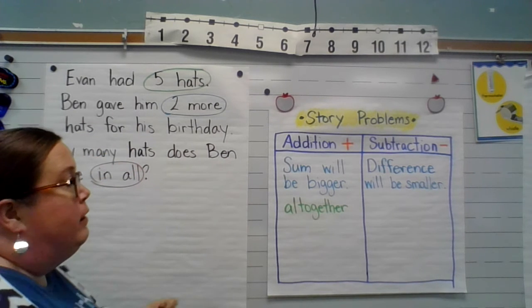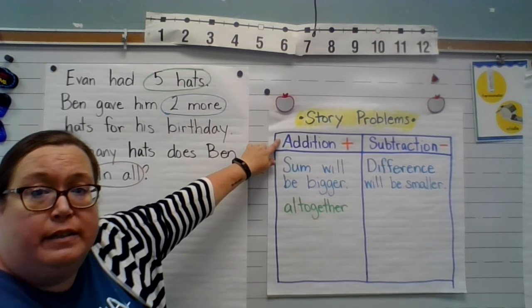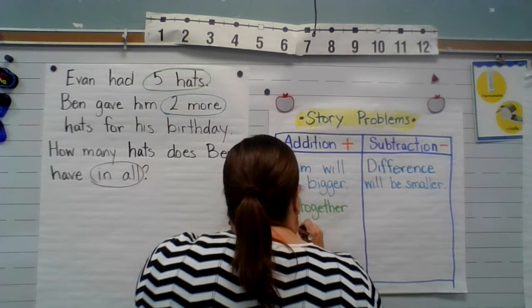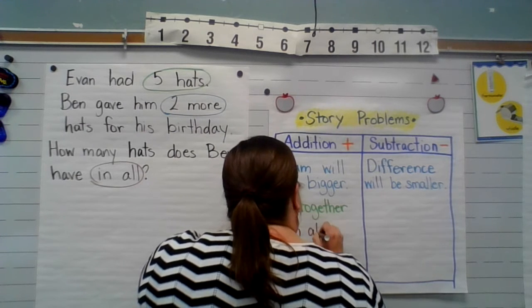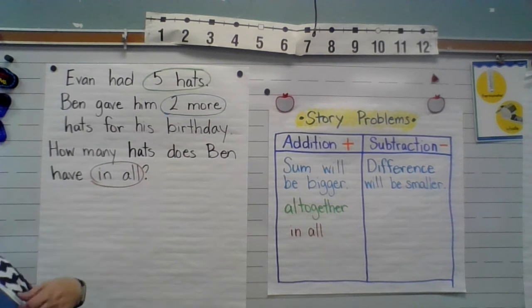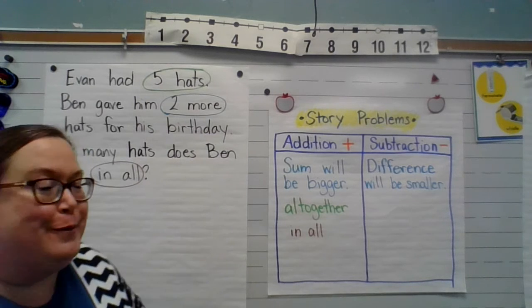In all means that we're going to add. It's an addition phrase. If you see the words in all in the question, you know that you're going to add. That's important. That will be important later.